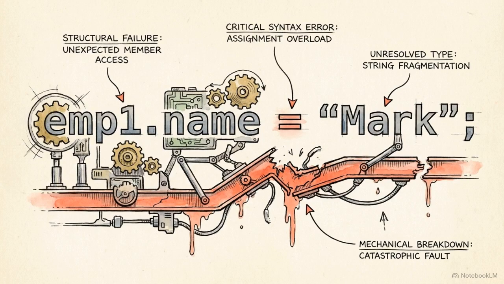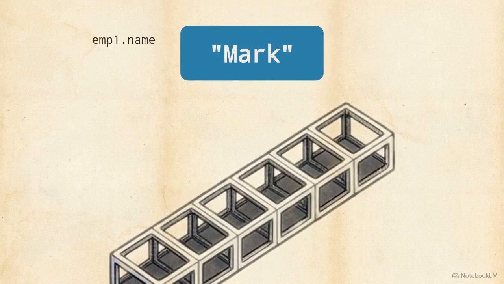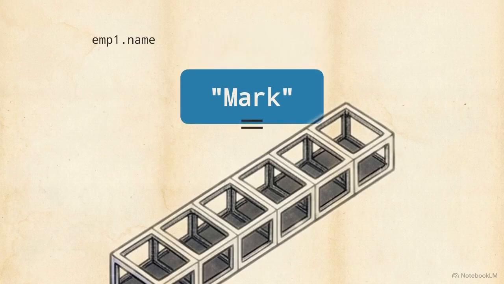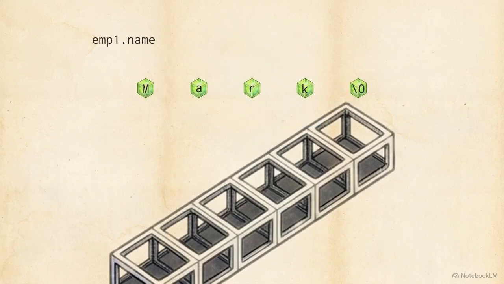But assigning a string to the name member exposes a classic C trap. If you try to write m1.name equals Mark, the compiler will throw an error. In C, a string is a character array, and you cannot directly assign a new array to an existing one using an equal sign. To bypass this, we have to copy the characters into the array directly.